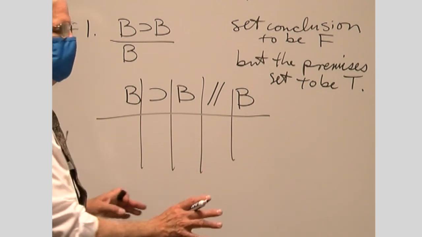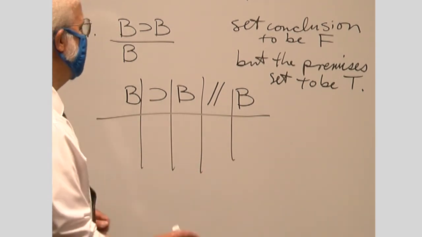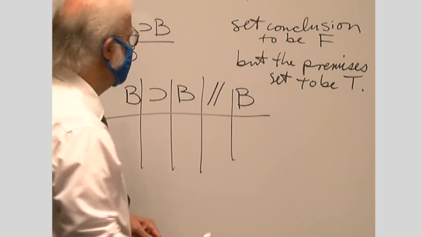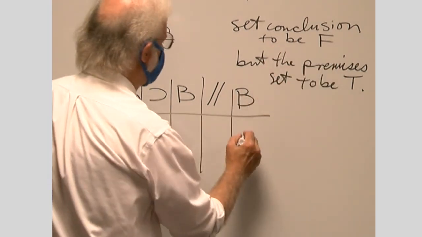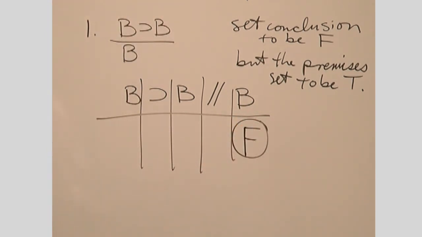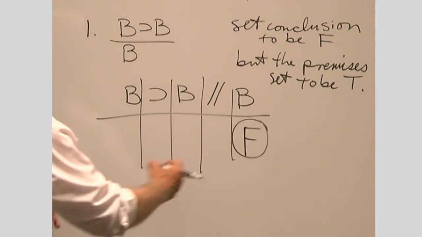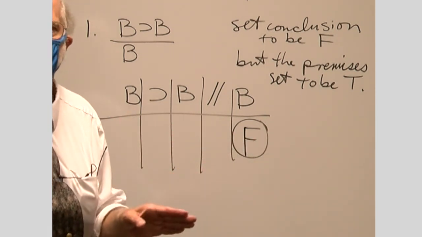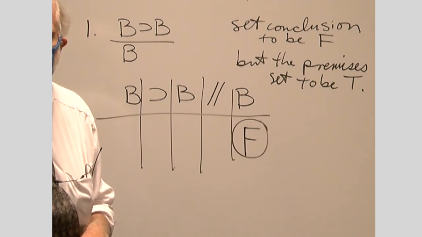Here we start off with the easiest of the possibilities, where the conclusion is a single letter, B. If we want the conclusion to be false, we make B false. What that means, though, is that for the rest of the argument, we are going to have to set B false every time that we see it.